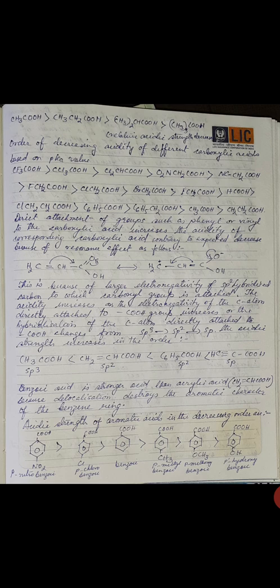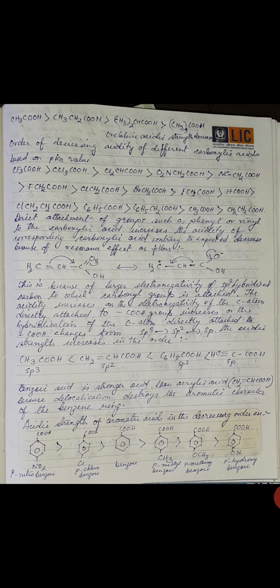So you can see that sp3 is less acidic as compared to sp2, sp2 is less acidic as compared to sp. Now benzoic acid is a stronger acid than carboxylic acid because delocalization destroys the aromatic character of the benzene ring.